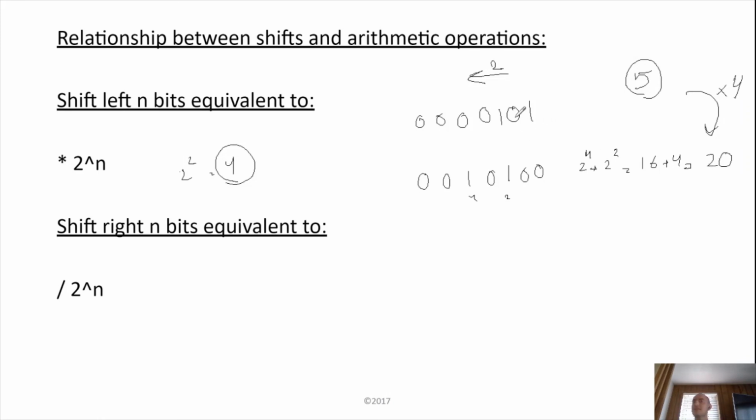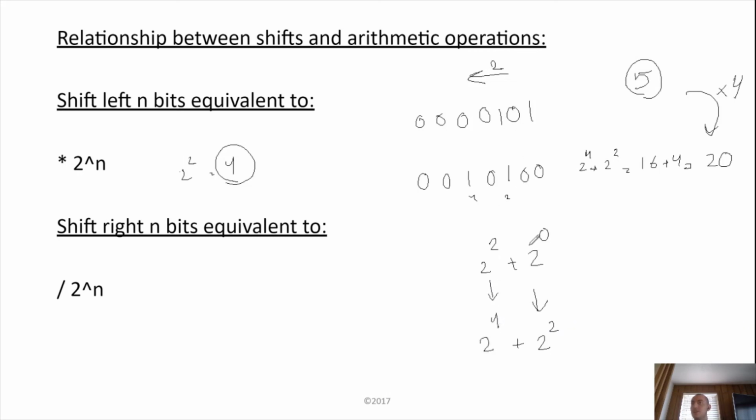And it's very easy to see why this holds true. If I write this as sums, the number on top was 2 to the 2 plus 2 to the 0. If I shift everything by 2 to the left, this one is now going to be 2 to the 2, and this is going to be 2 to the 4.